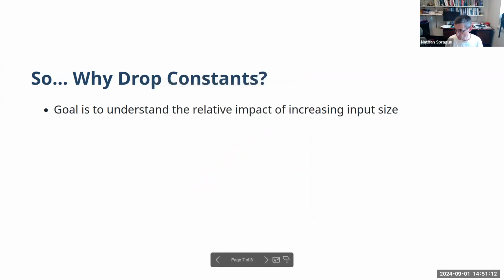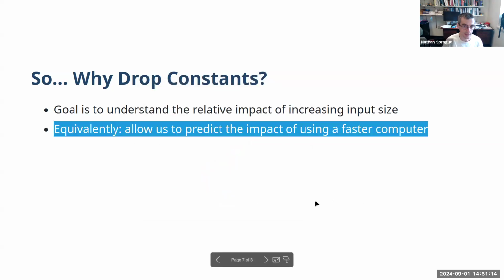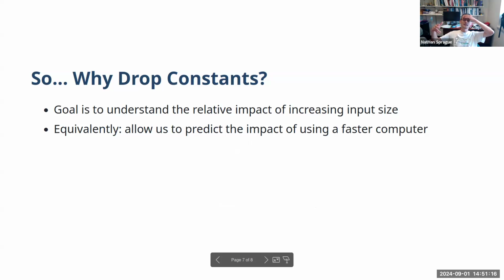And that's really another side of that same story: what happens if we use a faster computer? If I get a computer that's 10 times as fast and I'm running a linear algorithm, well, the story of what happens is that I can process 10 times as many inputs, and that constant factor that I might be multiplying by that n value doesn't change that story.